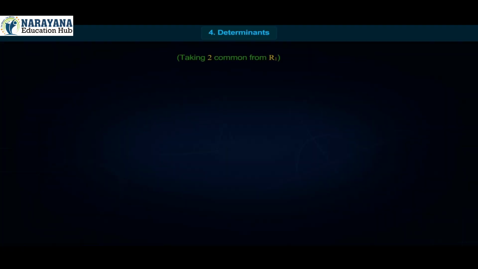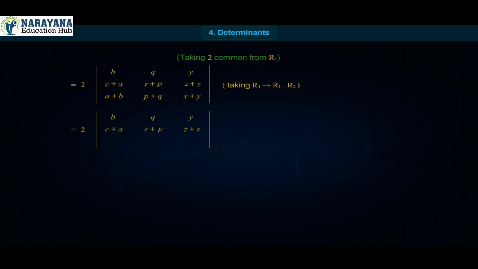Taking 2 common from R1, it is equal to 2 into the determinant b, q, y, c plus a, r plus p, z plus x, a plus b, p plus q, x plus y. Taking R1 to R1 minus R2, it is equal to 2 into the determinant b, q, y, c plus a, r plus p, z plus x, a, p, x.